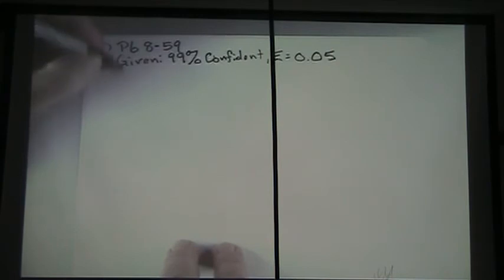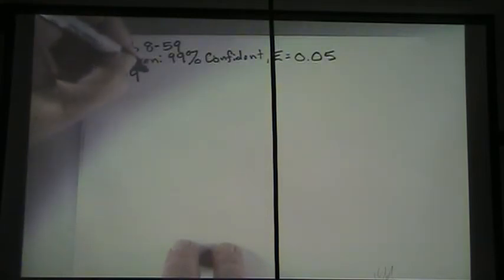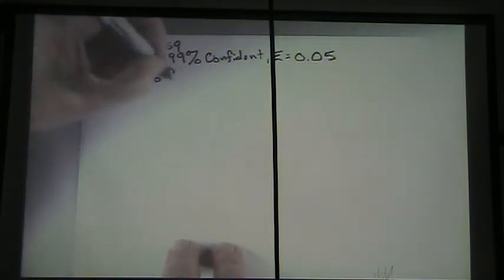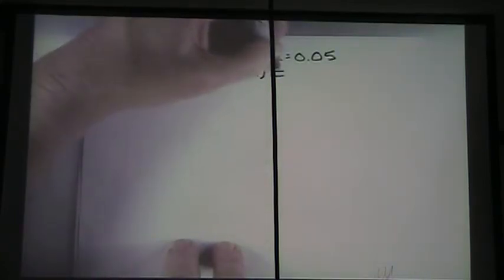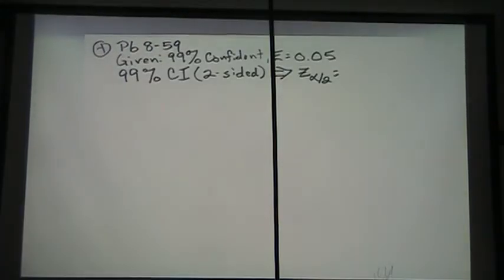So that means that if we say 99% confidence interval, two-sided, implies that Z alpha divided by 2 is equal to what?